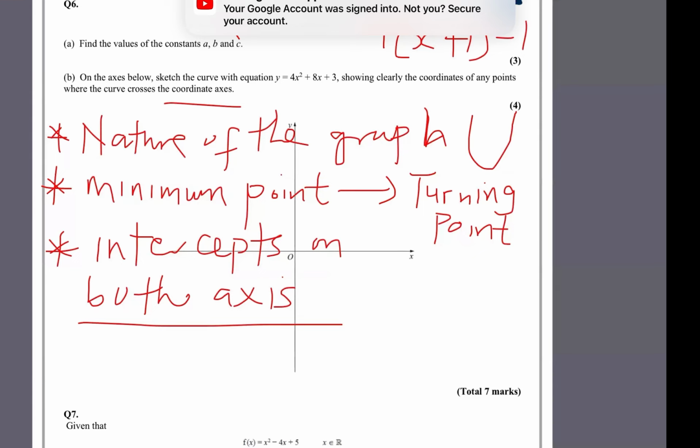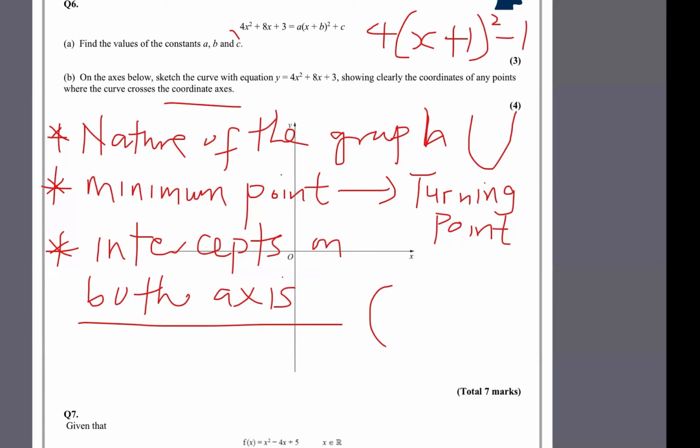So the first thing is we already know the nature of the graph. It's going this way. The minimum point is the point minus 1, minus 1. Why is that so?